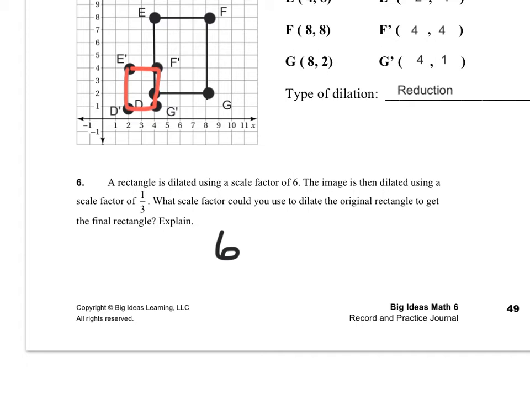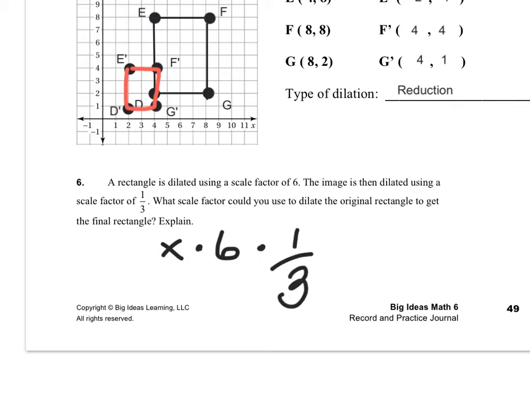You get an image, and then you take that middle image and take those vertices and dilate them, or multiply each coordinate by a scale factor of 1/3. So you have the original x, multiply it by 6, then you take that number and multiply it by 1/3.